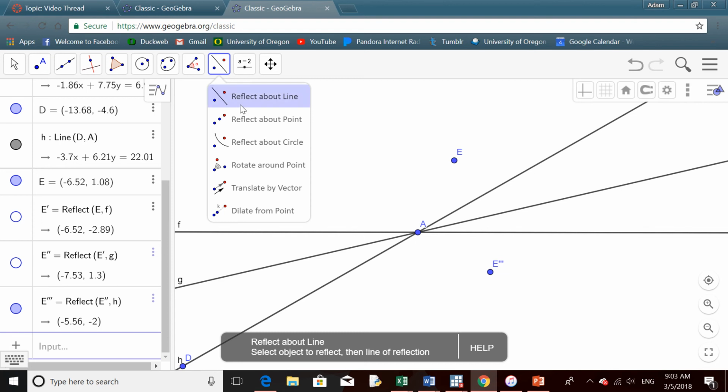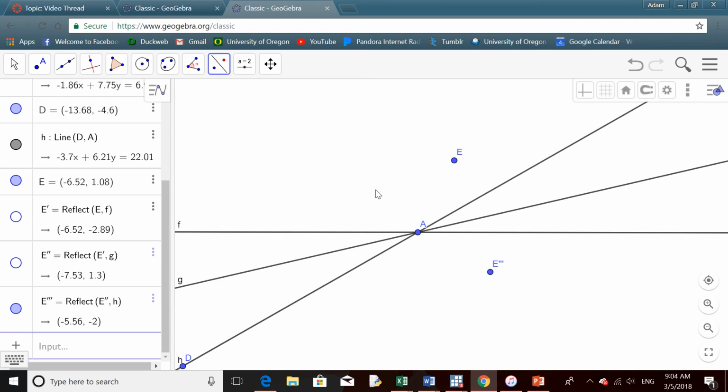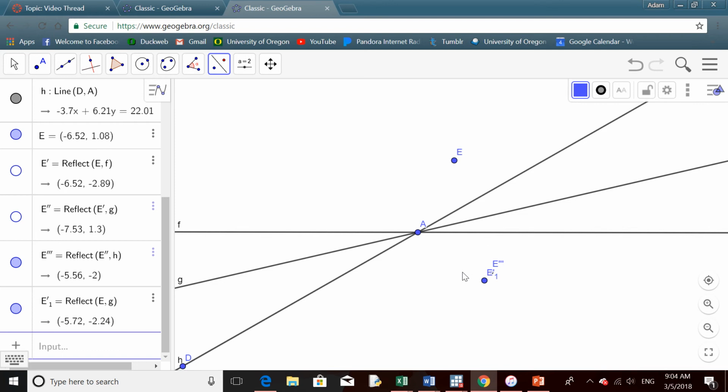So we can start by finding the image of E under the composition of H of G. So we're going to go about that first by reflecting about G. And as we can see here, it is not always the case that G, or the middle line, is going to be our solution. That was unique to the case where they were 45 degrees and then 90 degrees apart.